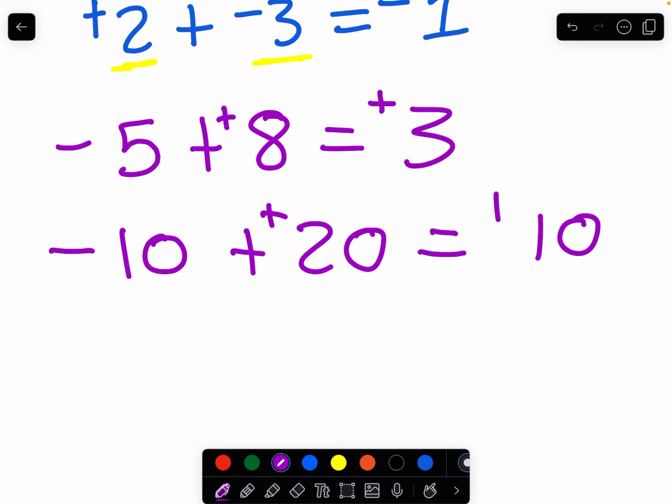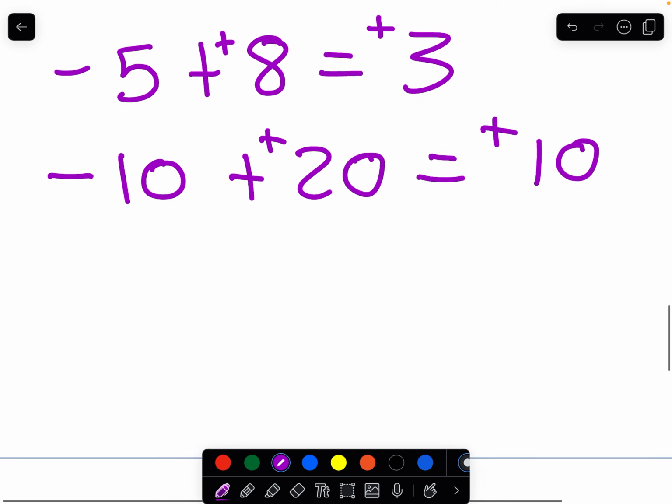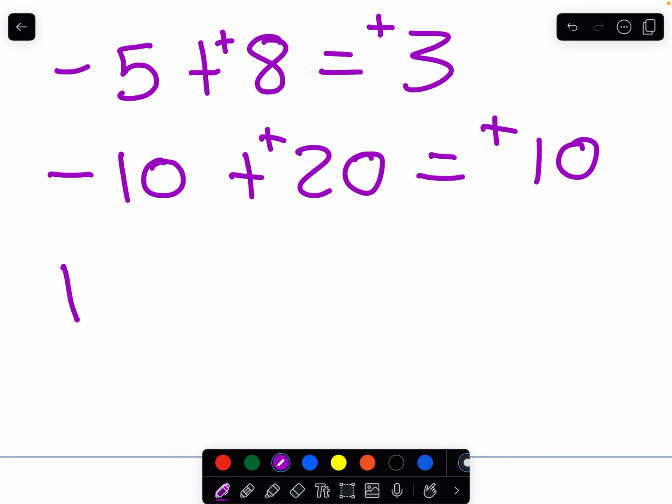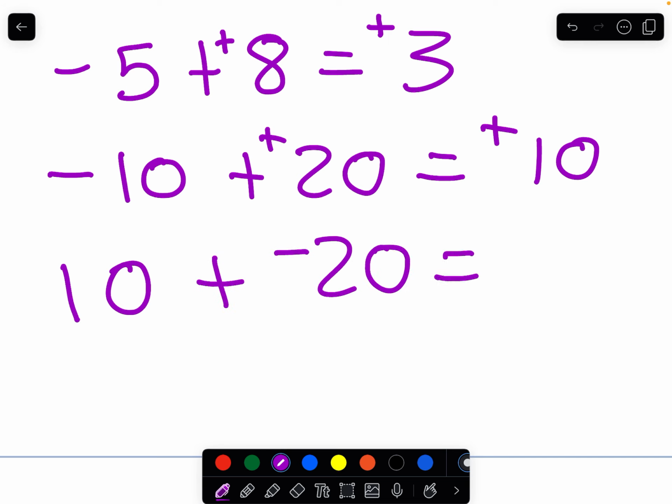And we have the positive as the greater number. So we apply the positive in our answer. 10 plus negative 20. We do the same thing. 20 minus 10 is 10. But this time, 20 is the larger number and has a negative sign. So we apply a negative sign. And the answer is negative 10.